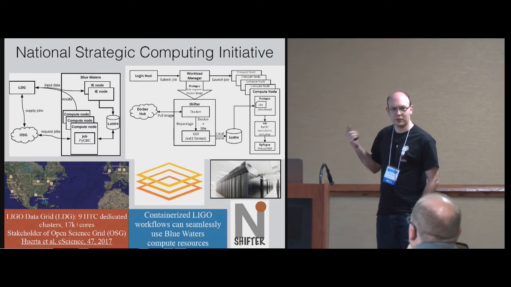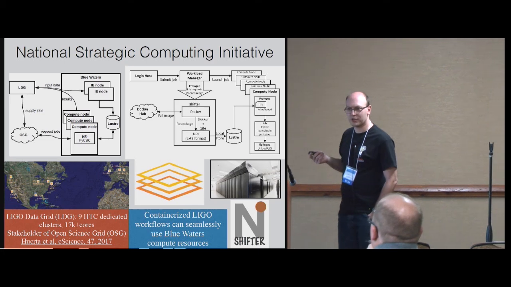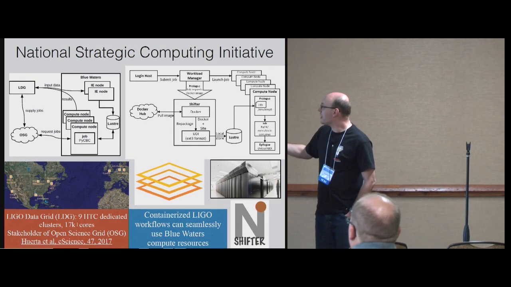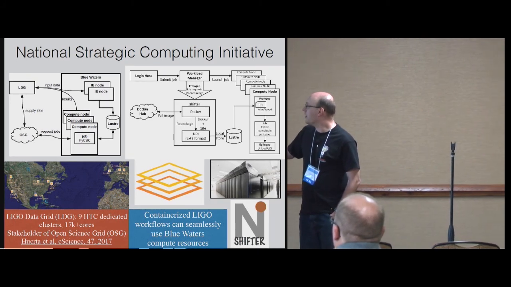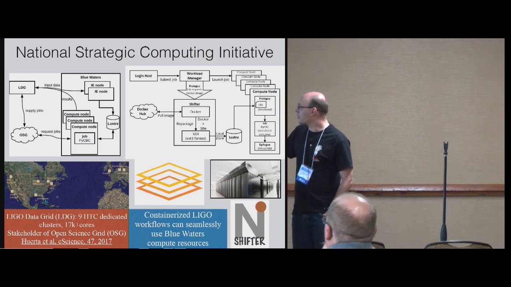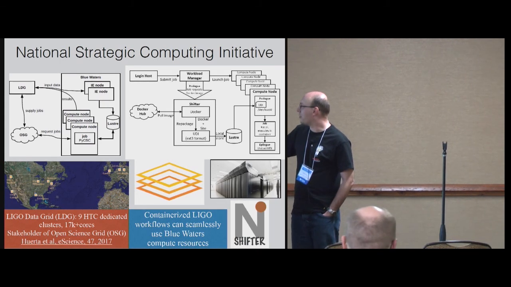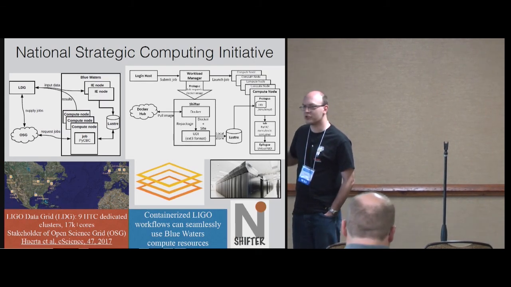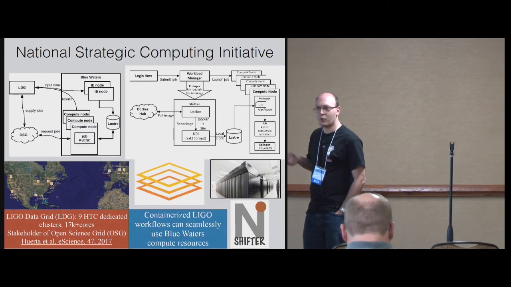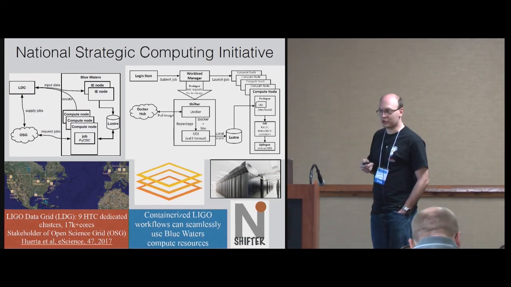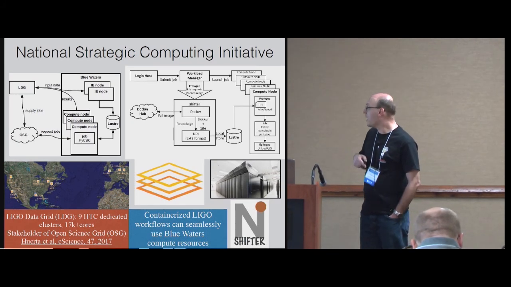So that's something that's well established, so we can leverage the infrastructure that exists. And by doing so, you can really make this work. You can have a pilot job that starts on Blue Waters, asks for data from LIGO, gets sent the data, you process the data, and then you report back the results to LIGO, and you use this OSG-type infrastructure to handle where to schedule jobs, how soon to schedule the jobs, and how to move the data back and forth.